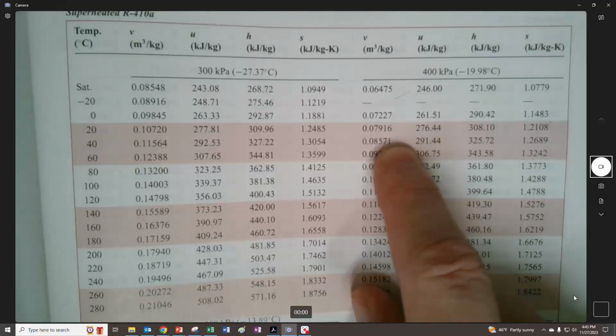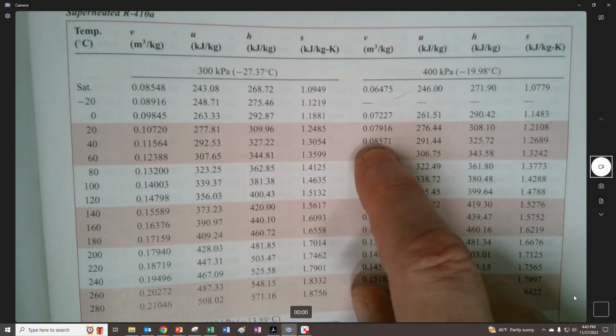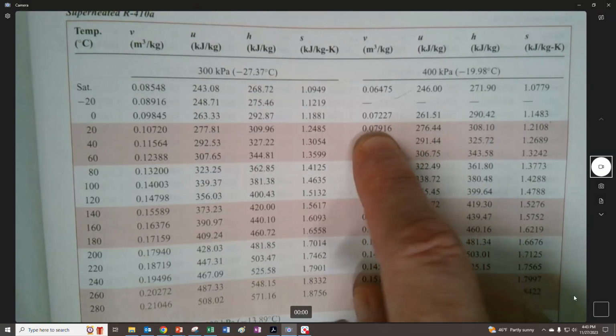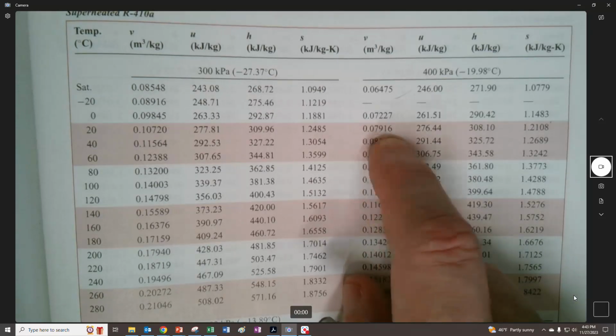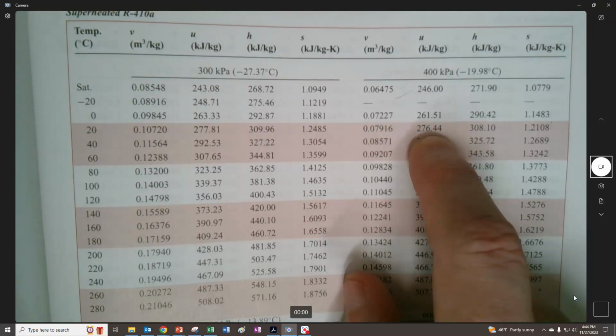We don't need this, but we could have been asked what the volume was, so we could work that out.